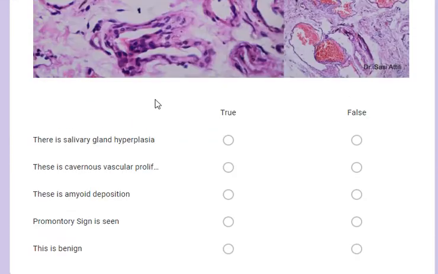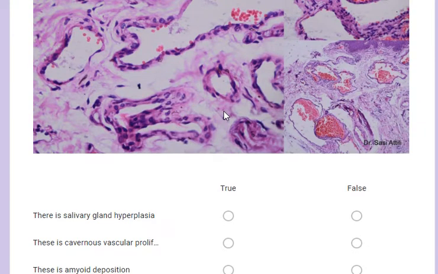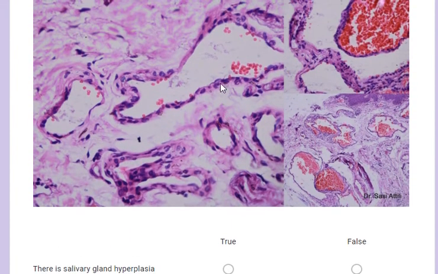Promontory sign. Now promontory sign is usually described in the context of Kaposi sarcoma, where you see proliferation of endothelial cells pushing into the lumen. So this is just a normal collapsed vessel wall. This is not promontory sign. Promontory sign is when there is actual proliferation of endothelial cells which pushes into the lumen.